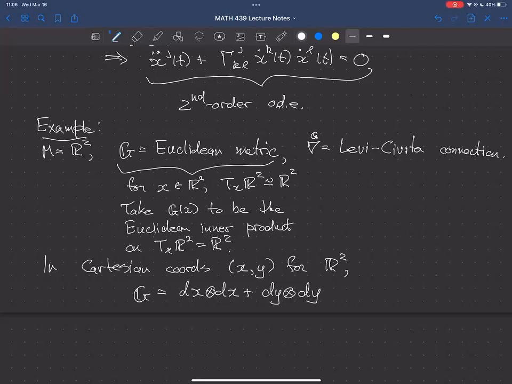Let's make sure that we understand why that's the right formula for G, if G is supposed to give you the Euclidean inner product on each tangent space.